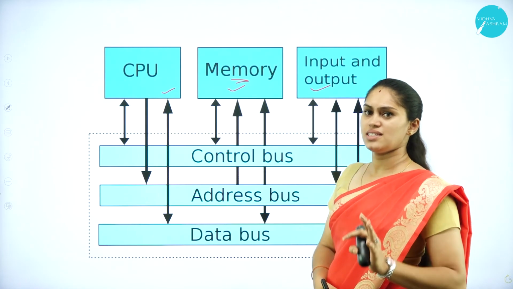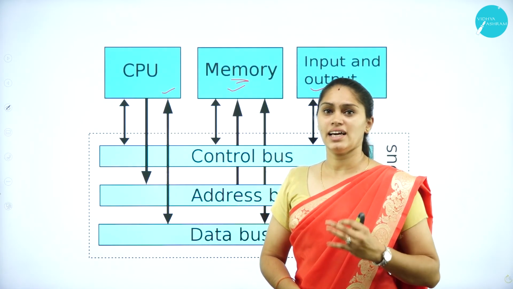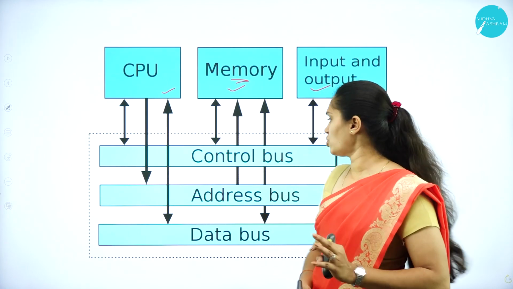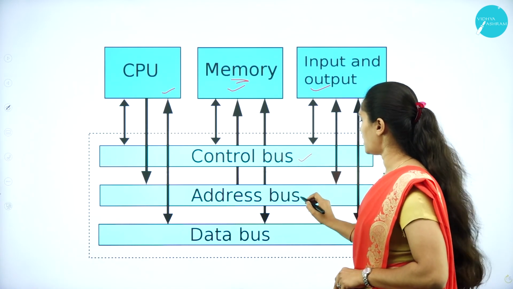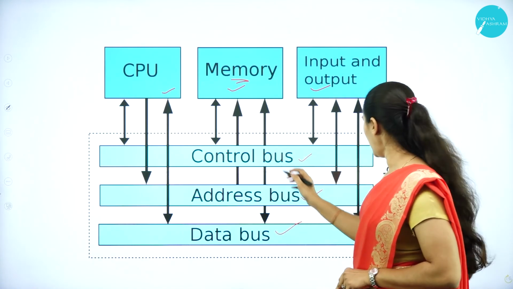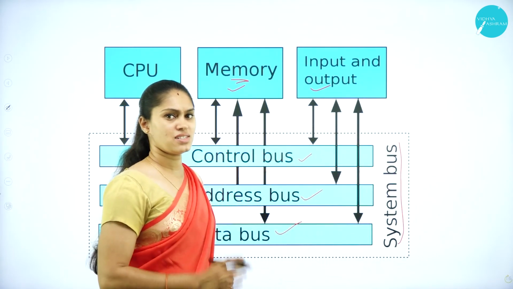What does the system bus comprise of? The system bus is nothing but the internal buses. Together they are called the system bus. So control bus, address bus and data bus together are called the system bus. What do you mean by system bus?